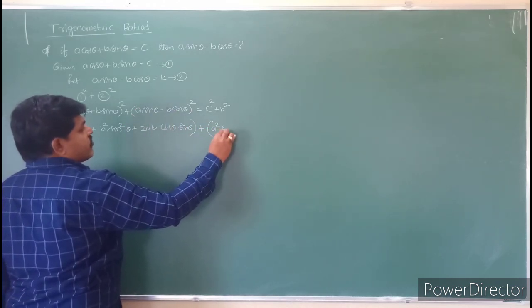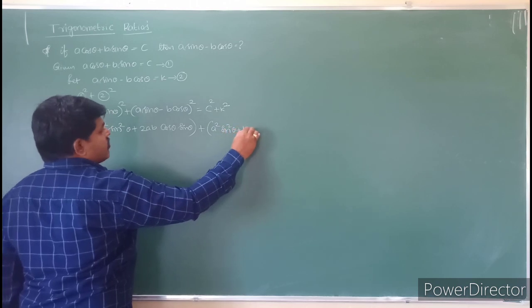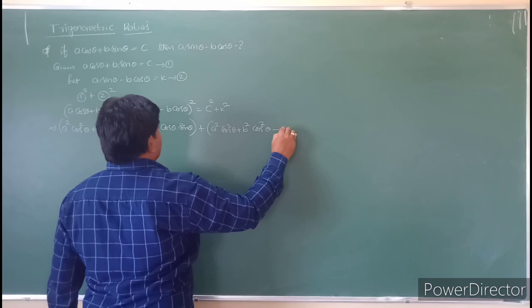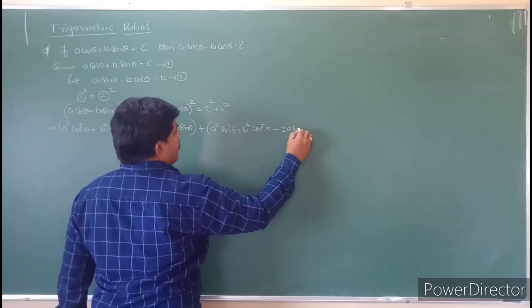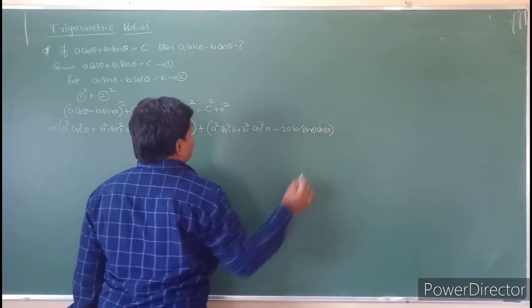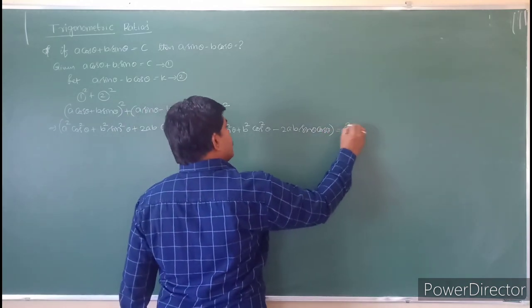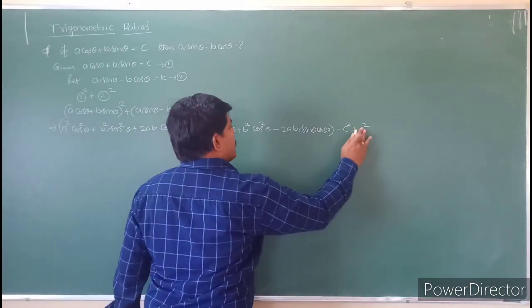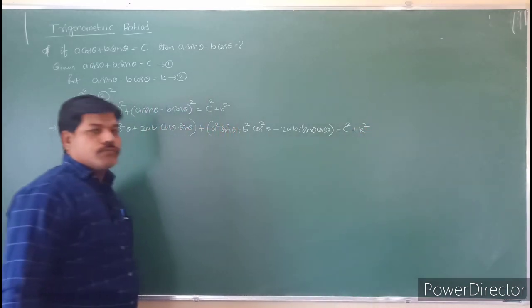A square sin square theta plus B square cos square theta minus 2AB sin theta into cos theta. So that is equal to C square plus K square.